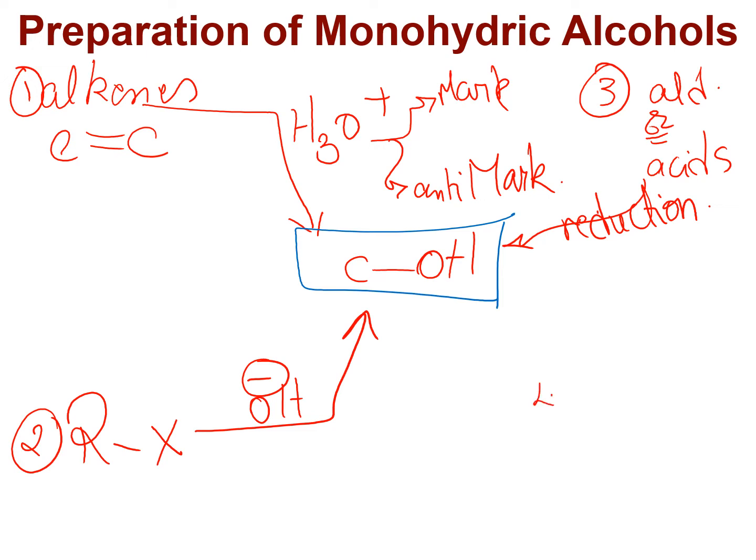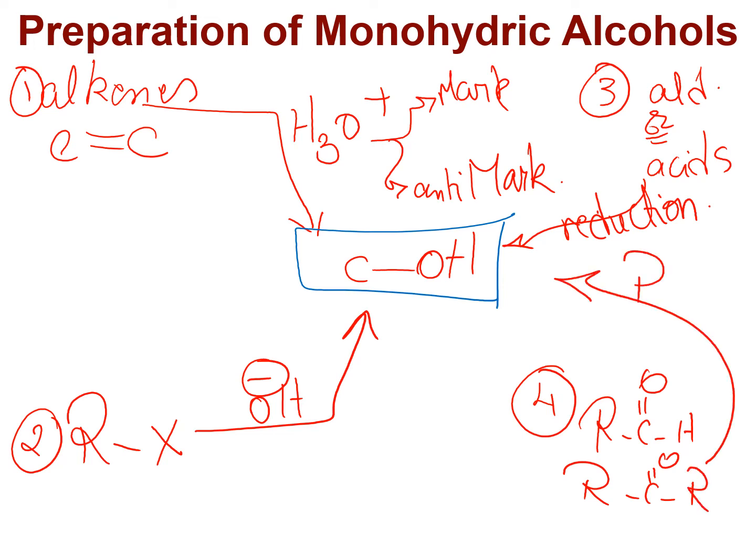And then finally, you can have the Grignard reagent. You can use Grignard reagent on aldehydes or ketones. If you react them with Grignard reagent, you end up with the tertiary alcohol. Let's discuss each of these methods.